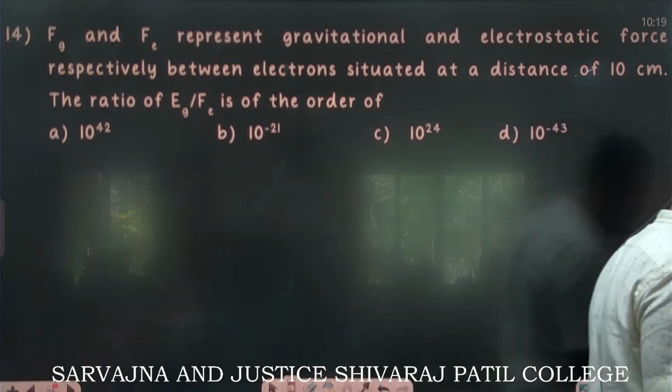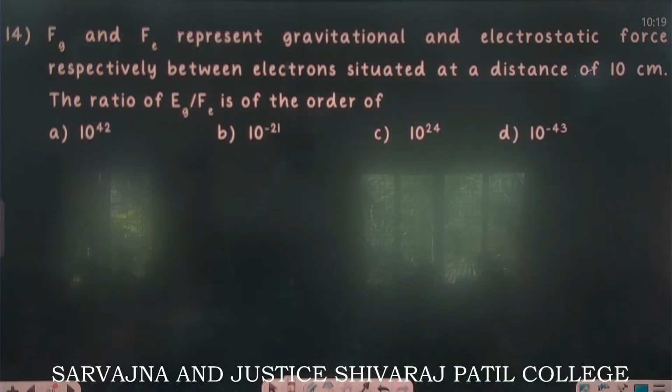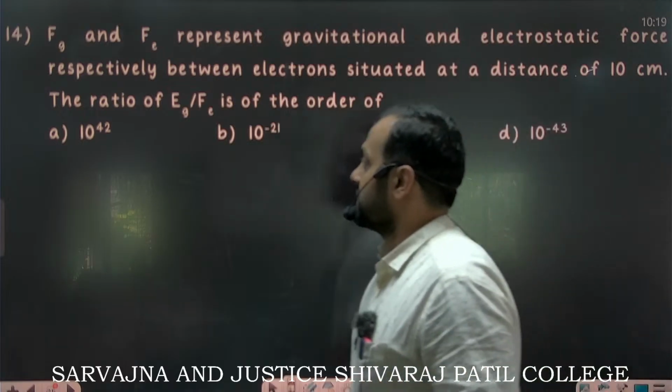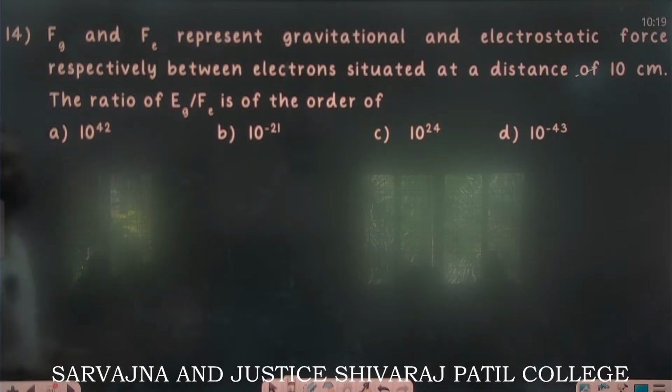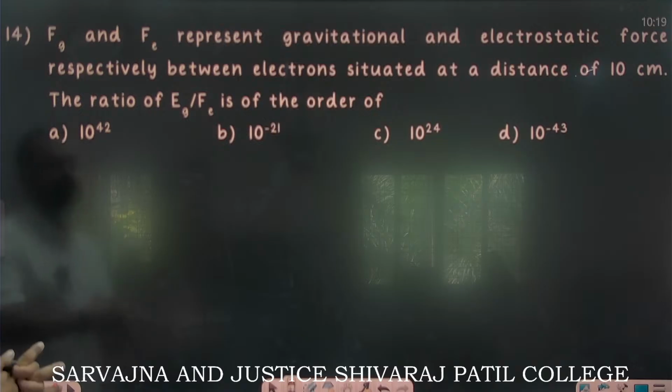Already this point was written. Force of gravity: Fg and Fe represent gravitational force and electrostatic force respectively between electrons situated at a distance of 10 centimeter.